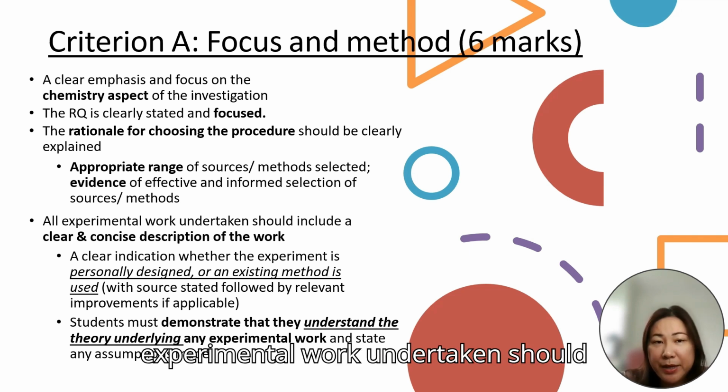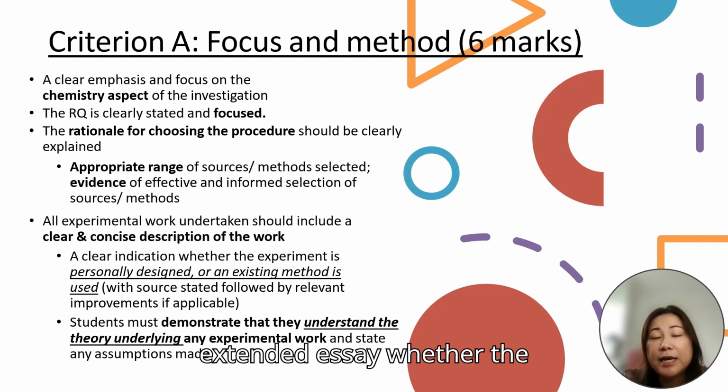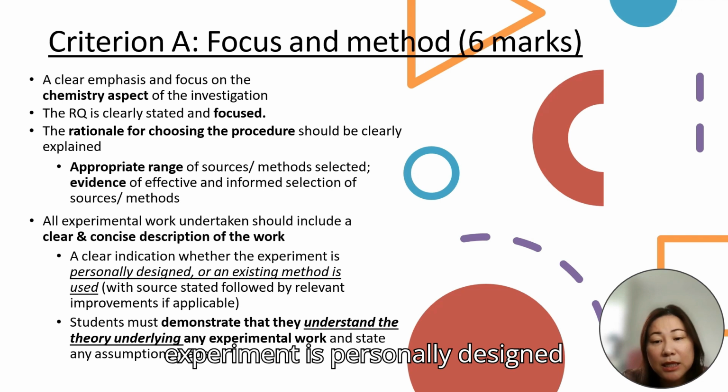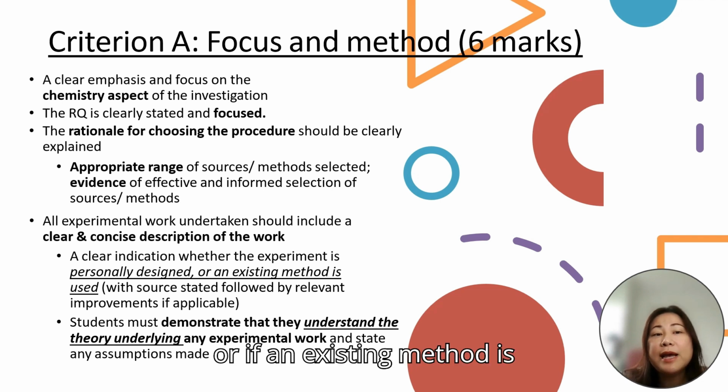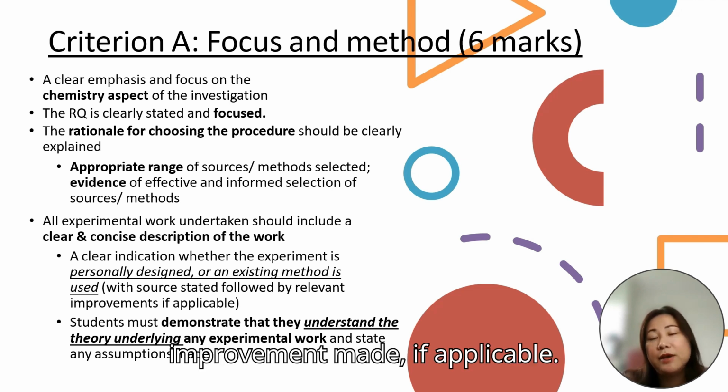All your experimental work undertaken should include a clear and concise description of the work. It is important to indicate in the extended essay whether the experiment is personally designed or if an existing method is adopted, with the source stated and the relevant improvements made if applicable.